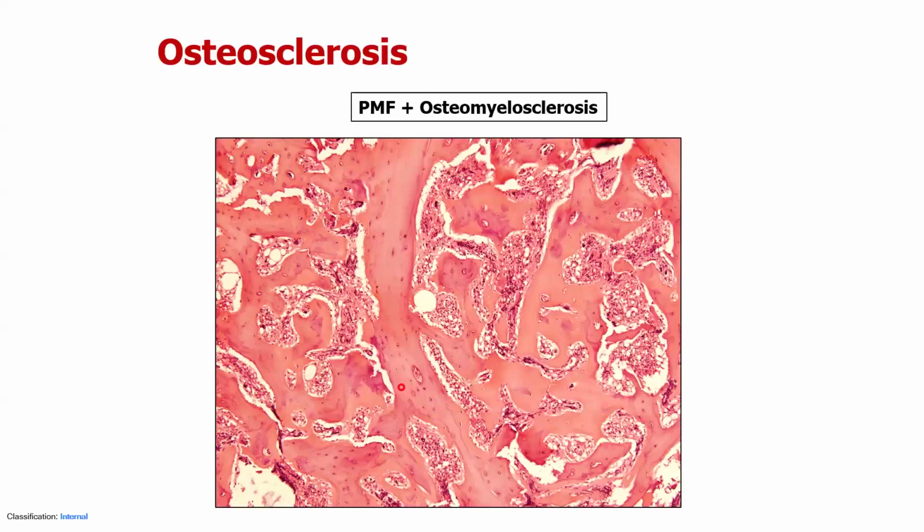You would have seen this in a number of primary myelofibrosis cases, advanced cases, where there is deposition of distinct trabeculae as well as formation within the marrow spaces, which again gives rise to too much bone and too little marrow.